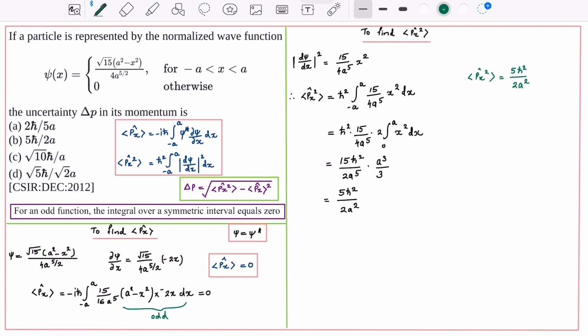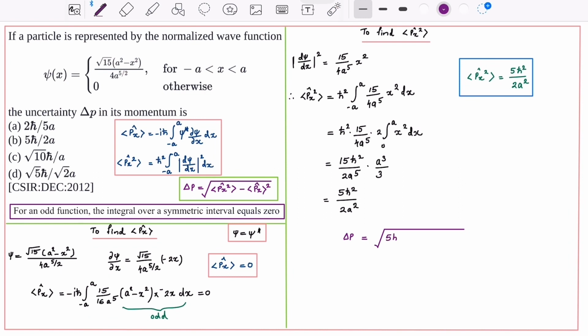Now we have determined the expectation value of px and the expectation value of px square. Therefore, we can calculate the uncertainty delta p as square root of expectation value of px square minus the square of expectation value of px, that is equal to square root of 5 h bar square by 2 a square minus 0 square.